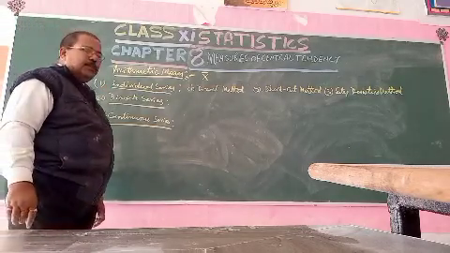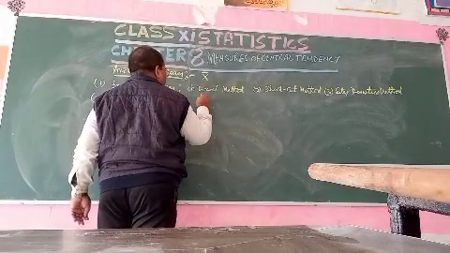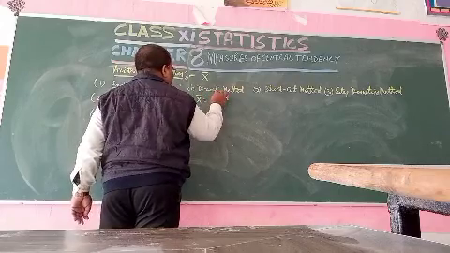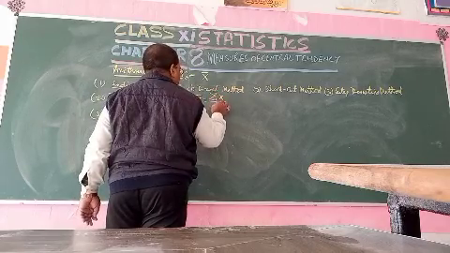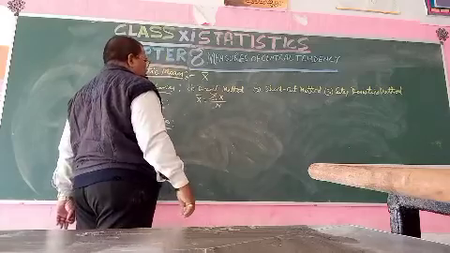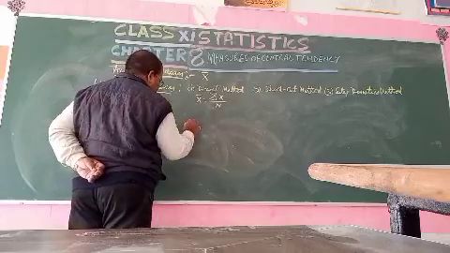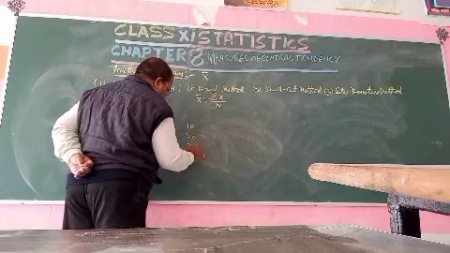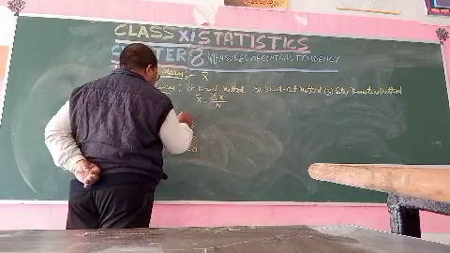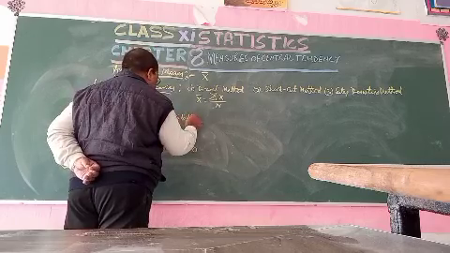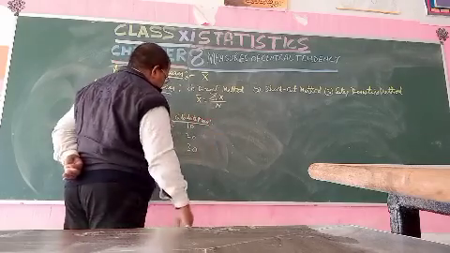Now, in the direct method, we calculate arithmetic mean like this: X bar equal to sigma X by n. Suppose we have given this information, that is 10, 20 and 30. Calculate mean of this individual series.